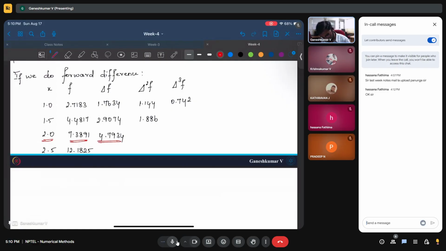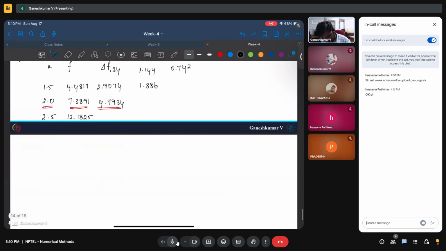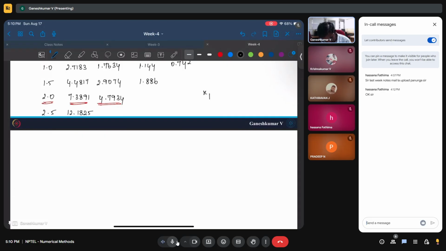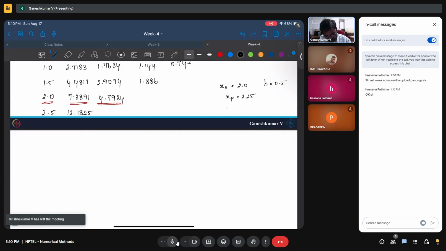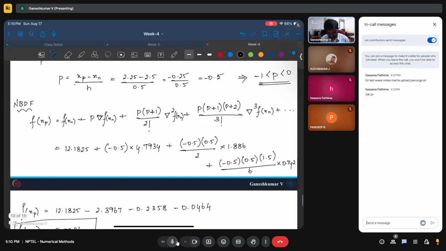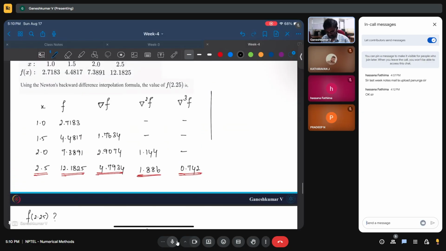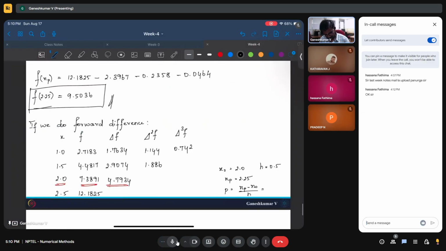Okay, so why did we choose 2? For example, let's say you take your x naught to be 2, and h is again 0.5, and xp is 2.25, which is what we want. So your p becomes xp minus x naught divided by h, which is 0.25 by 0.5, which becomes simply 0.5.